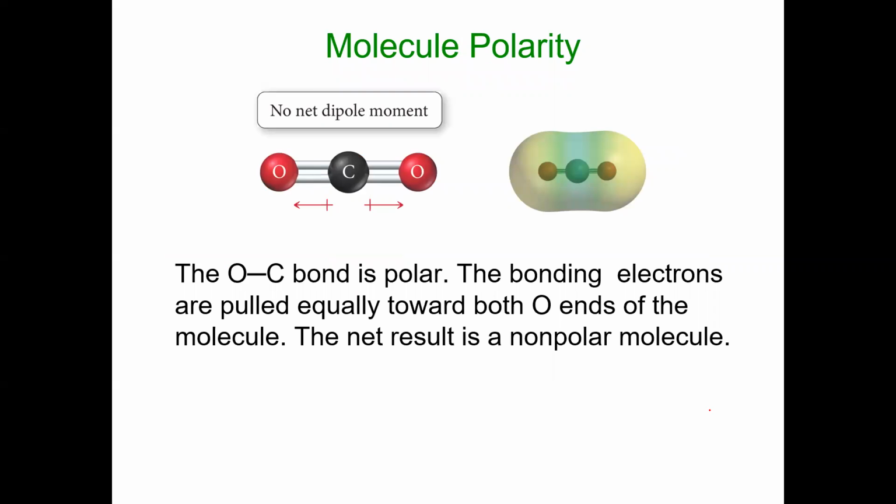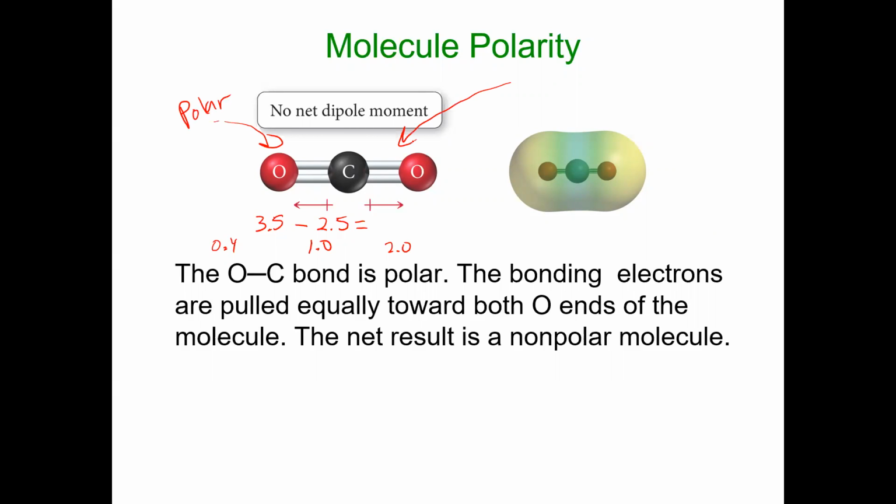So is CO2 a polar molecule? If you look at CO2, we've already discussed that the oxygen has an electronegativity of 3.5 and the carbon has an electronegativity of 2.5. So the total difference is 1.0. This falls between the 0.4 and the 2.0, so this qualifies as a polar bond.